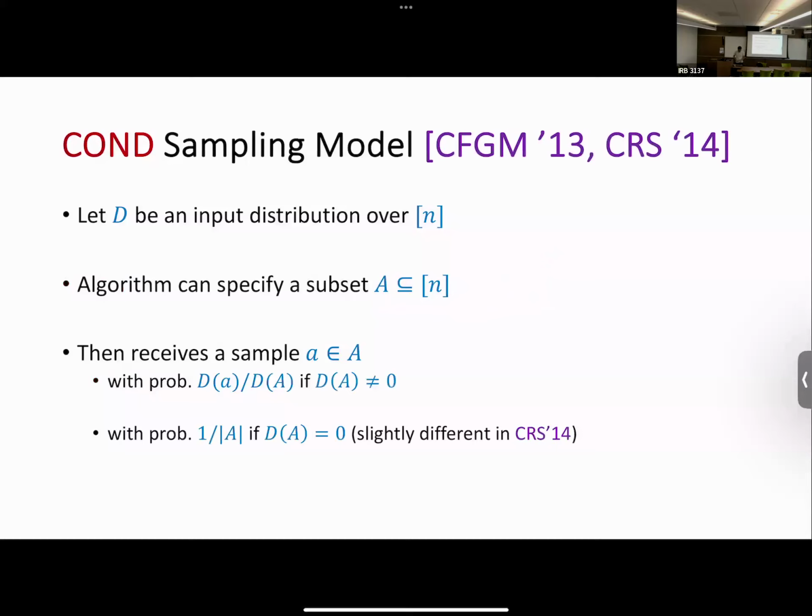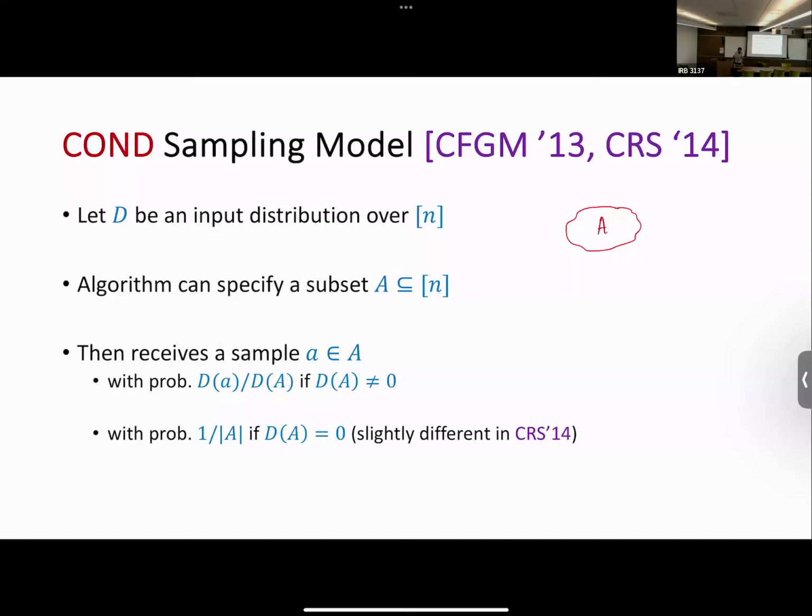Here, again, V is this input distribution where we can have some query access. Now, what type of query access are we allowed? Any algorithm can specify some subset of the whole domain and feed it into this query.